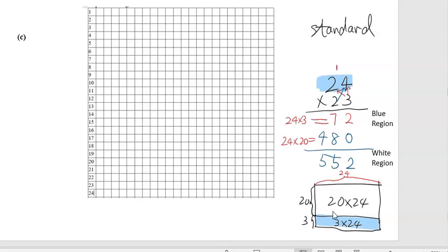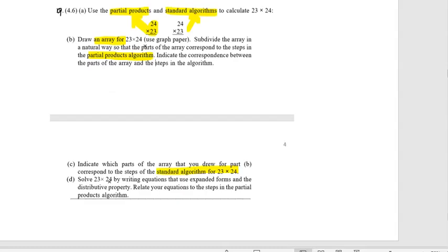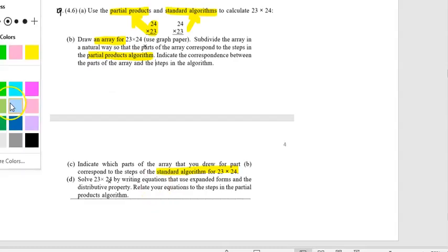The blue region corresponds to 24 times 3, or 3 times 24. And the white part is 20 times 24 right here. So this is the drawing for the standard algorithm. We only have 2 separate parts, but for partial products, we have 4 different separate parts because we do 4 multiplications separately.